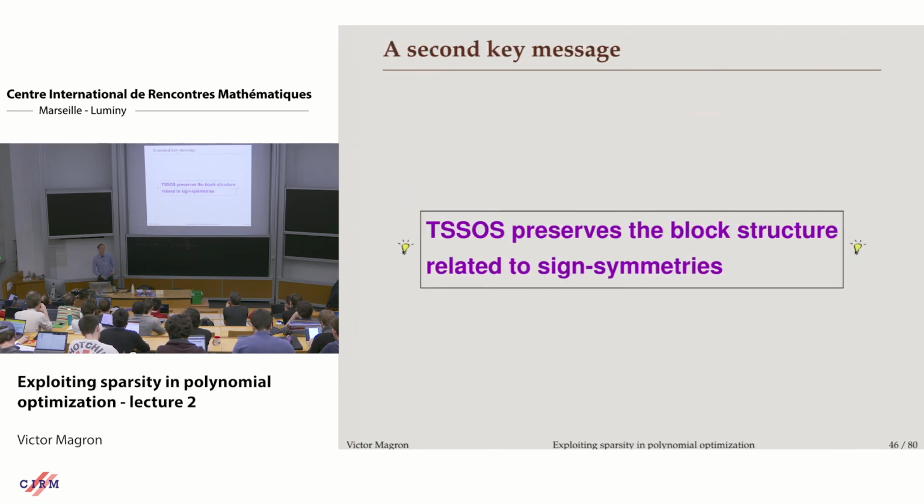So that's another message that I wanted to give. If you are not lucky, doing term sparsity is the same as exploiting sign symmetries. But in practice, we will be very lucky, very often.